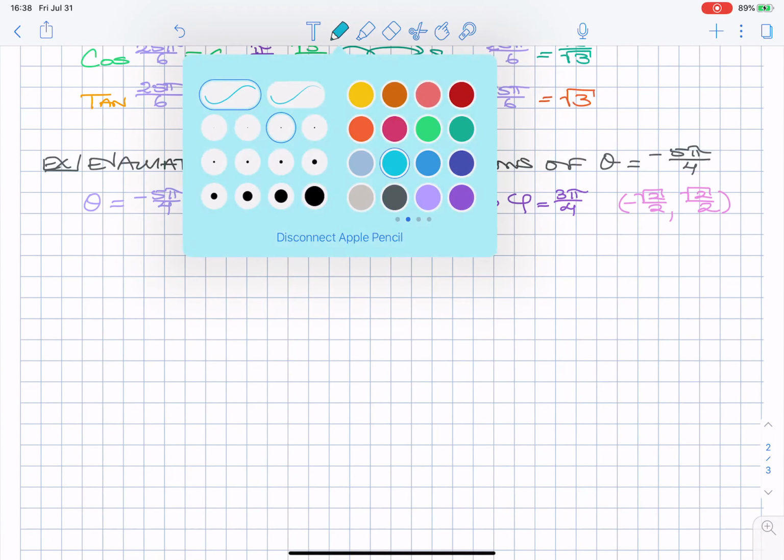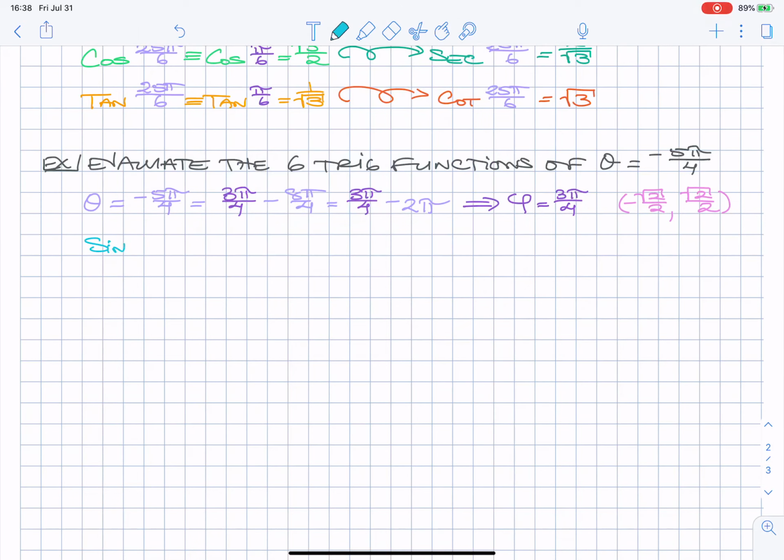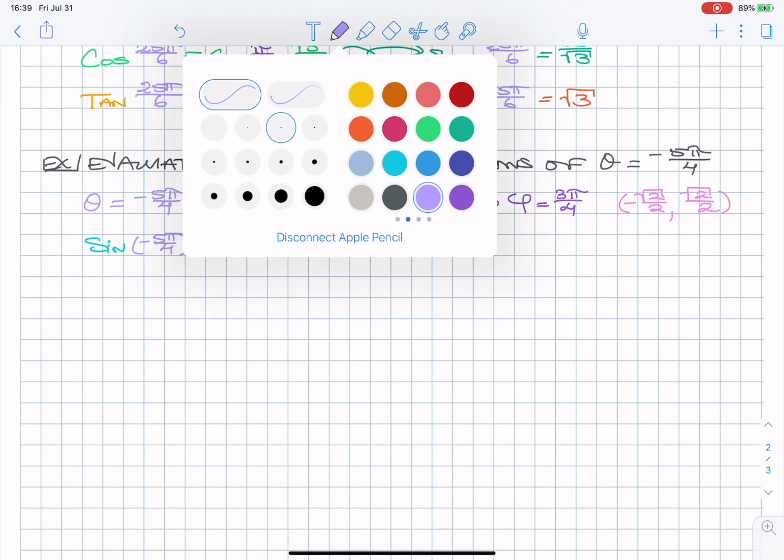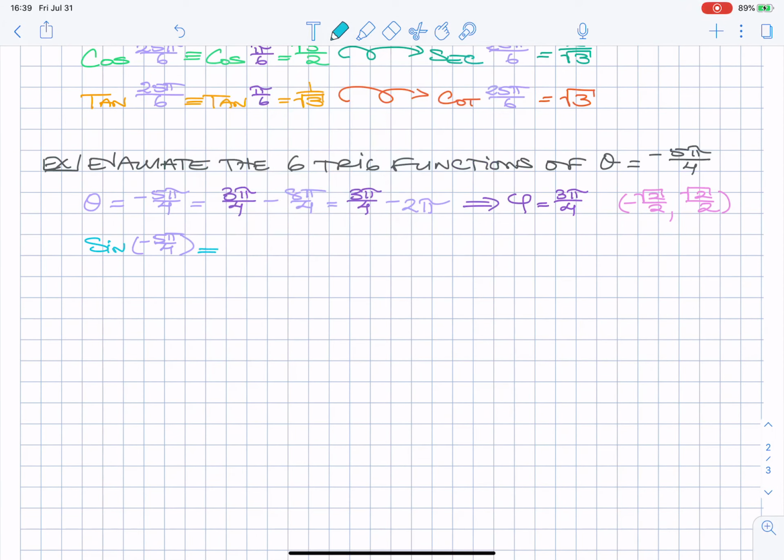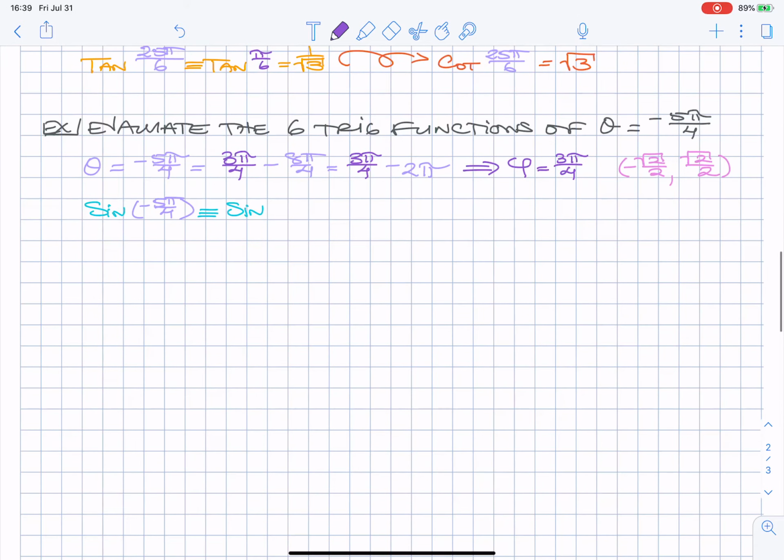So we have that sine of quantity, use parentheses, negative 5 pi over 3, is going to be equivalent to sine of positive 3 pi over, sorry, that's negative 5 pi over 4, not 5 pi over 3. Do as I say, not as I do. So sine of 3 pi over 4.